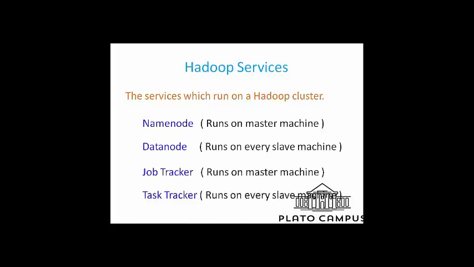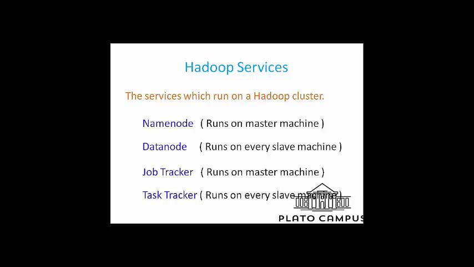Similarly, we have two more services, job tracker and task tracker. Job tracker is running on master machine and task tracker is running on every slave machine. So job tracker and task tracker both are taking care of your processing part, that is your MapReduce.